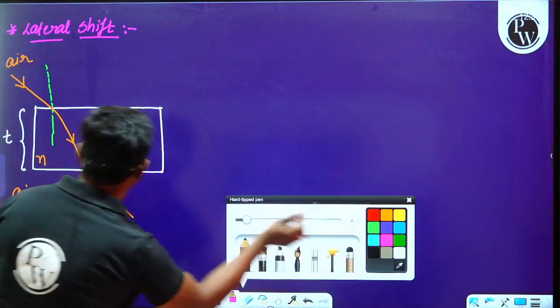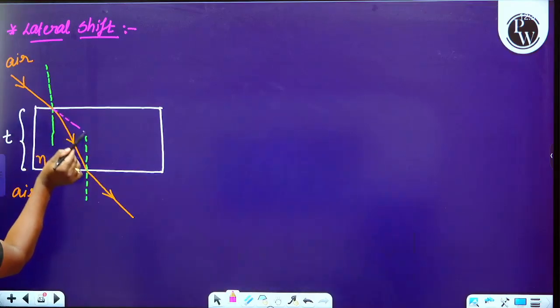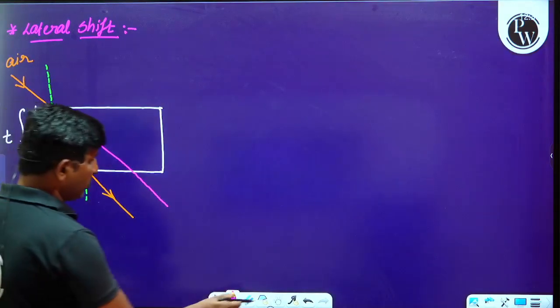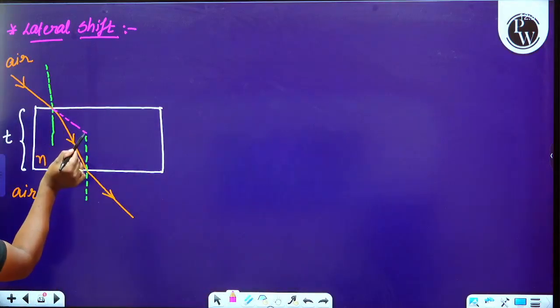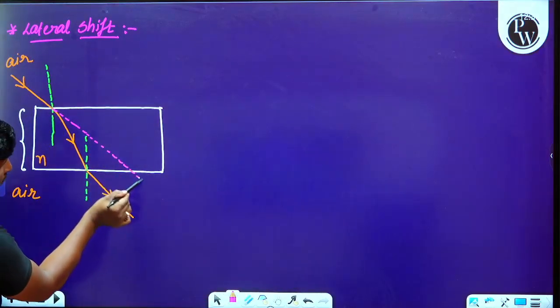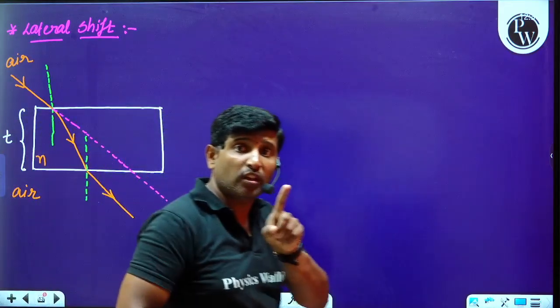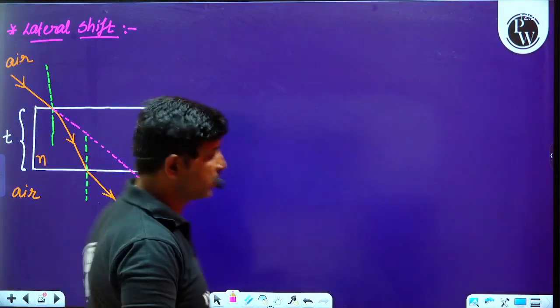If there is no glass, the light would have traveled along the dotted line. This is the initial direction of the incident light.